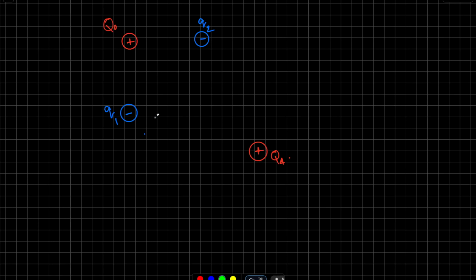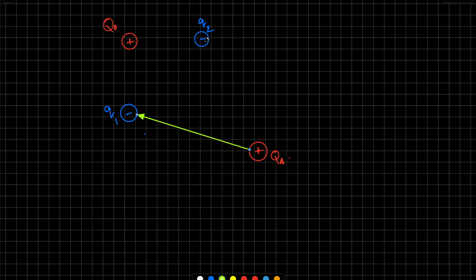Q1 is negatively charged, QA is positively charged, so they are opposite charges. So there is a force of attraction between them, or Q1 will try to attract QA to its side. Again, QA is also attracting Q1, but we are finding the total force on QA. That's why the direction is towards Q1. Q1 attracts QA towards its side.